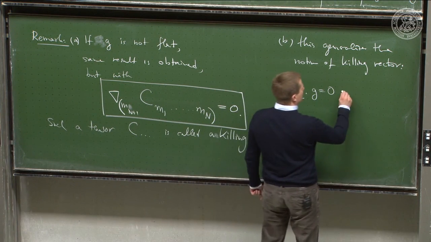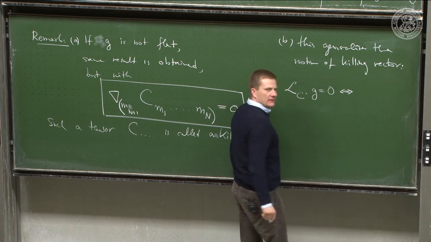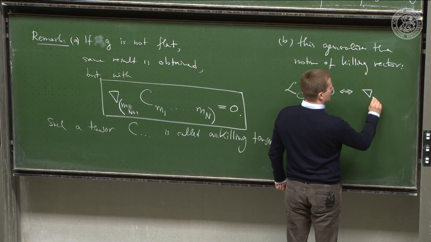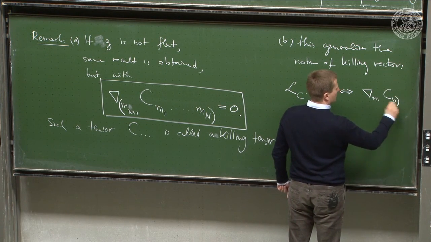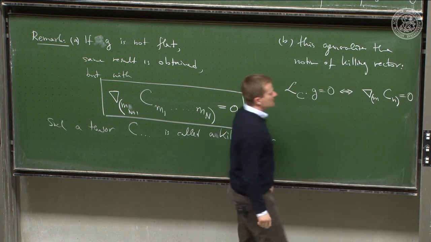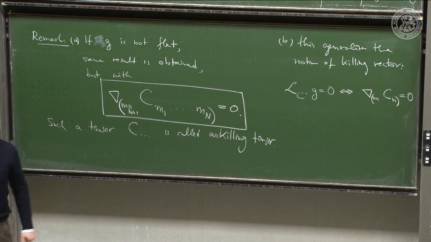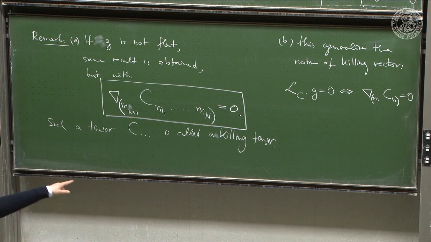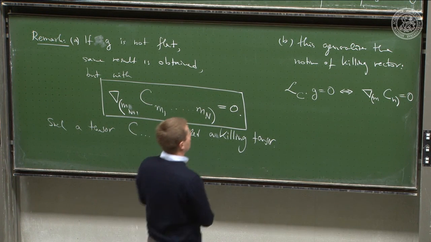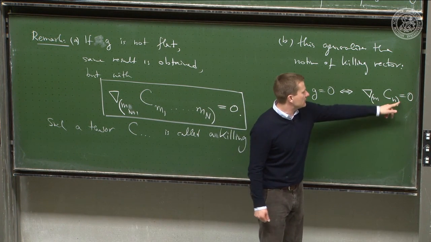But if you write out the Lie derivative and you use the covariant derivative of C, you can see that this is the same condition as that if you pull down the index on the Killing vector, this is 0. That's the Killing condition expressed with the covariant derivative. So this is a Killing vector. Well, you make it into a covector by the metric, and then you have this.